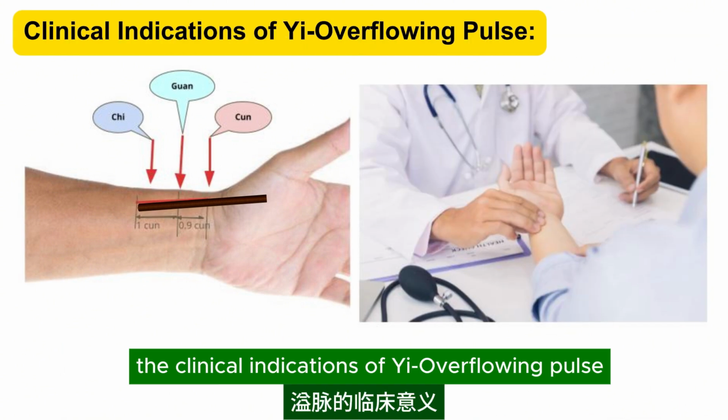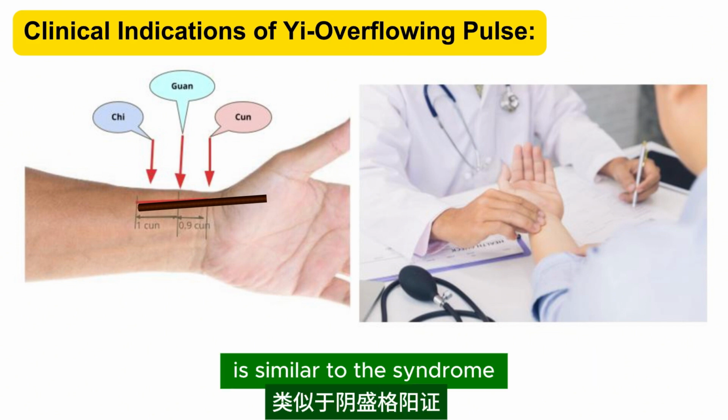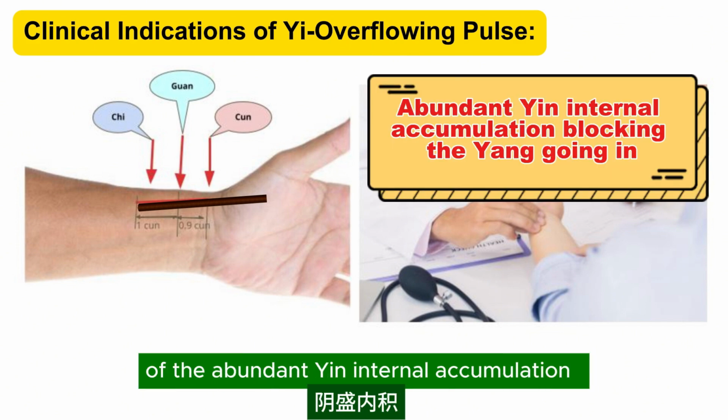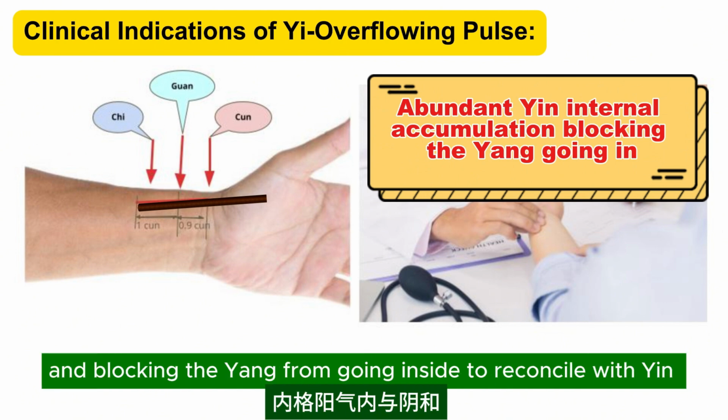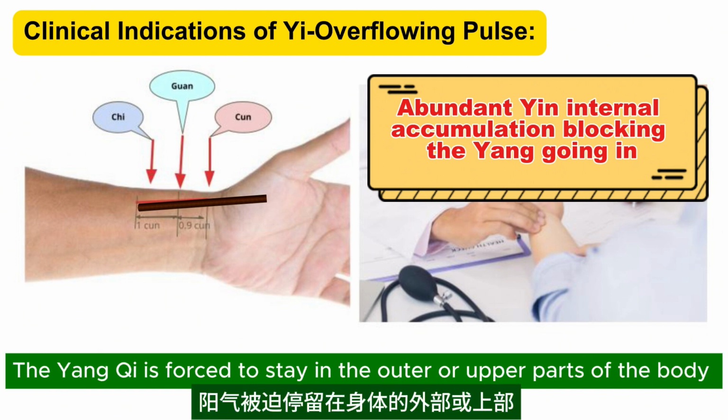The clinical indication of the Yi overfloating pulse is similar to the syndrome of the abandoned yin internal accumulation and blocking the yang from going inside to reconcile with yin.